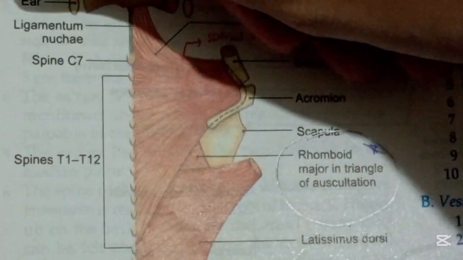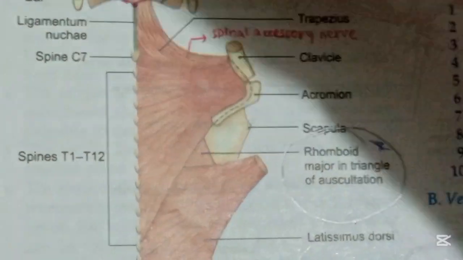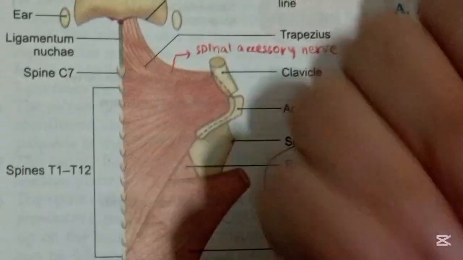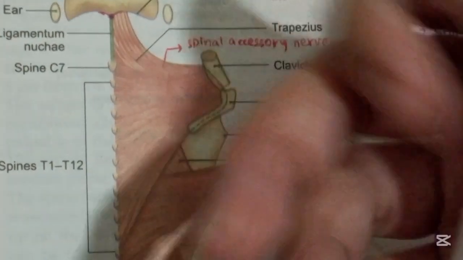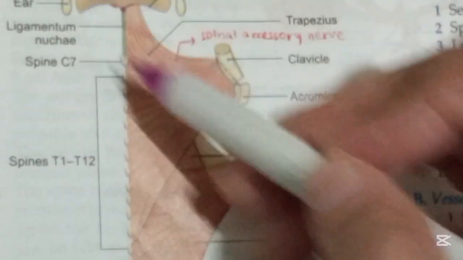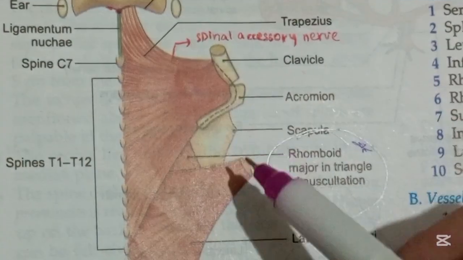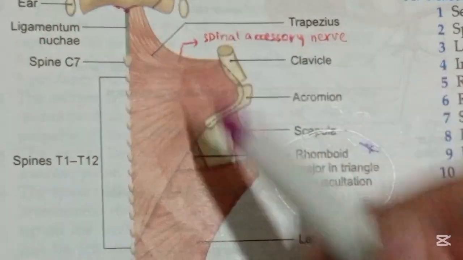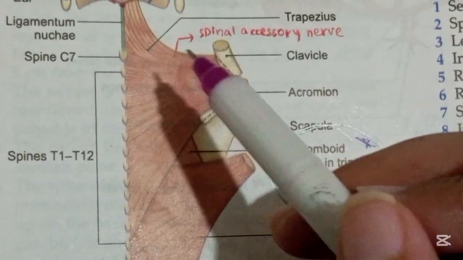So the descending fibers elevate the scapula, the ascending fibers depress the scapula, whereas the middle fibers retract the scapula.